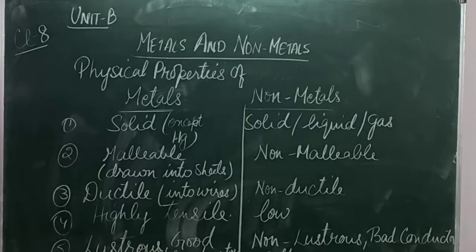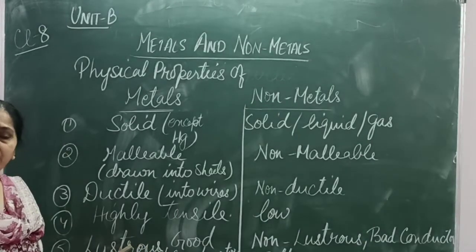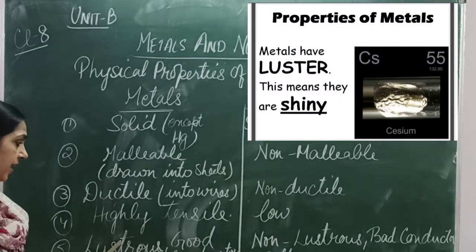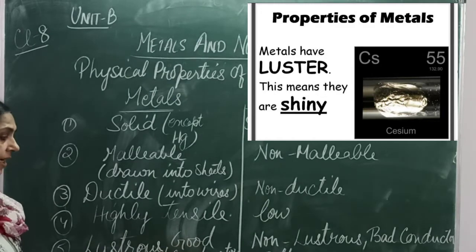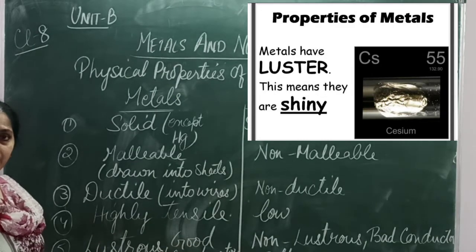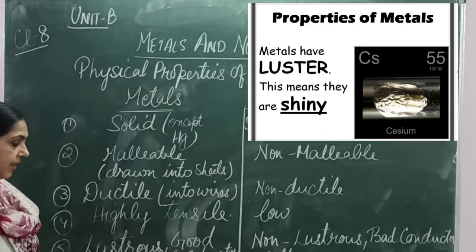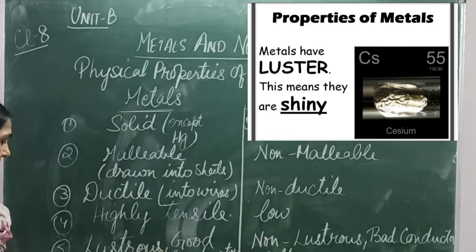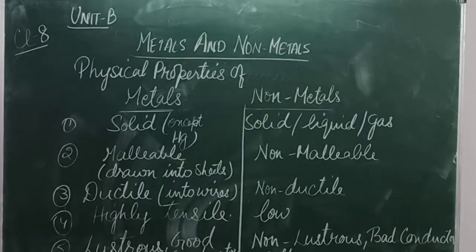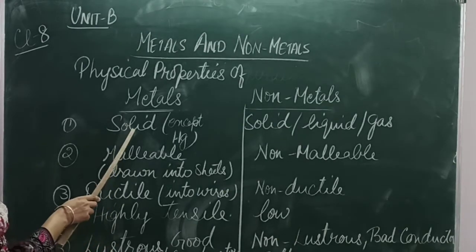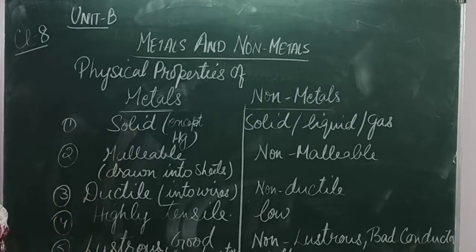Then next, all the metals are lustrous. They have a shine. Luster means shine. They are shiny. All of them are good conductors of heat. Right? That is, electricity can be passed through them. They are good conductors of electricity. And they are hard. Since they are solid in state, they are hard. Okay? The molecules are closely packed.